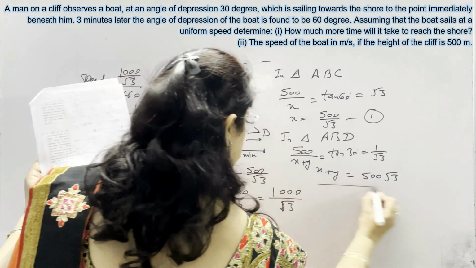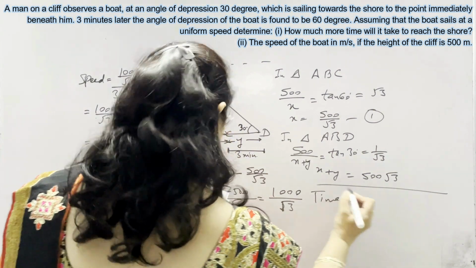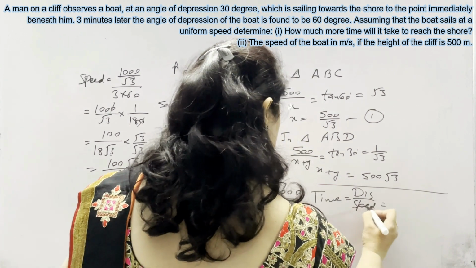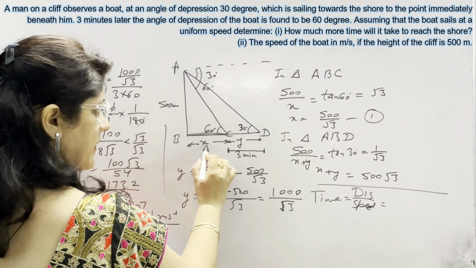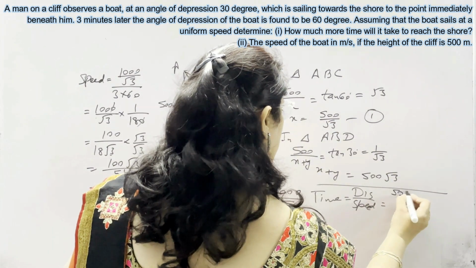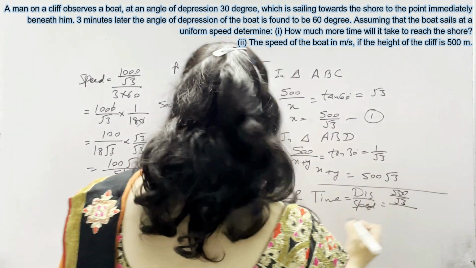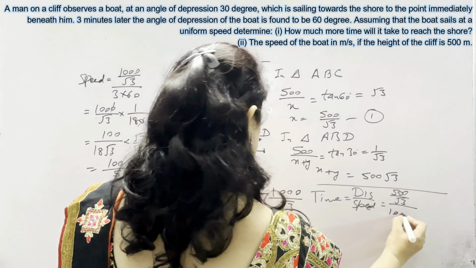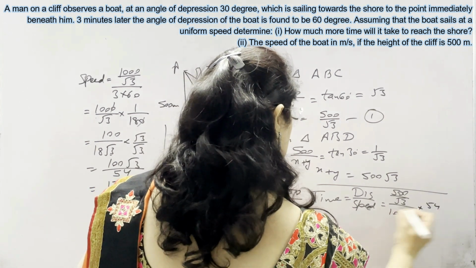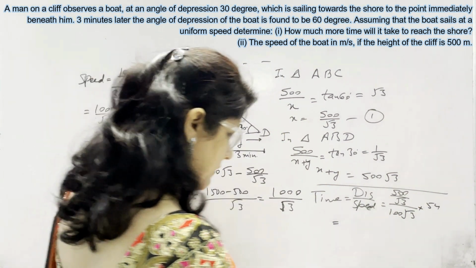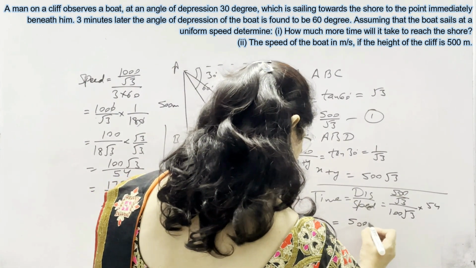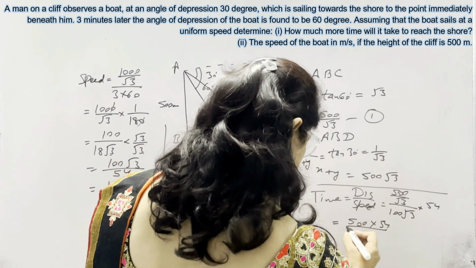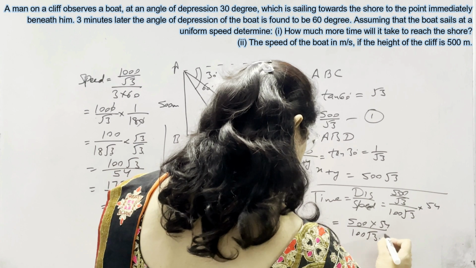Now we know that time is equal to distance upon speed and this distance is x and x we have calculated 500 upon under root 3 and the speed we can take this under root value 100 under root 3 into 54 and after calculation its value comes out to be 500 into 54 upon both under root 3 and 100 under root 3 and under root 3.